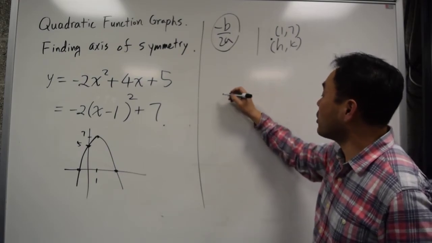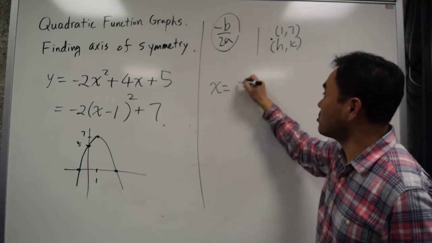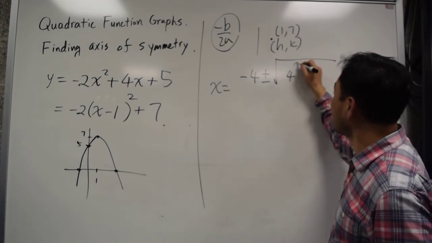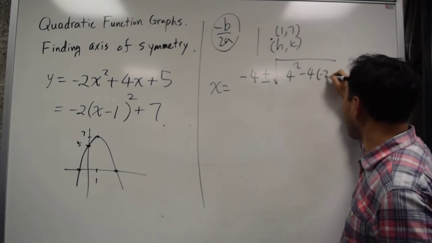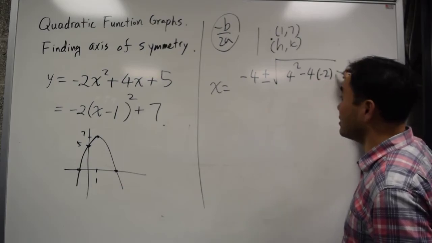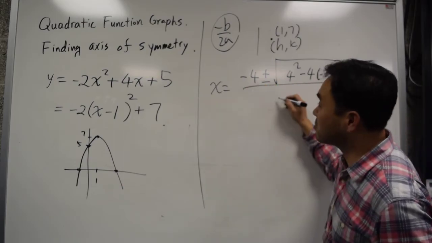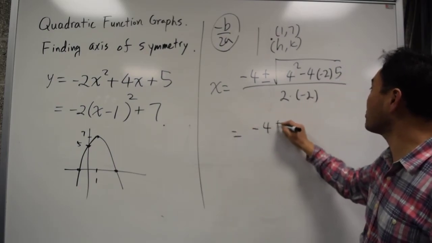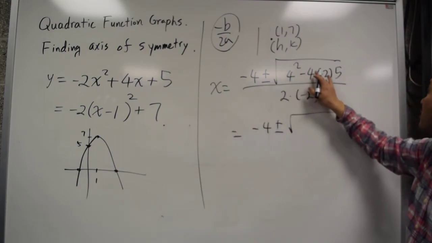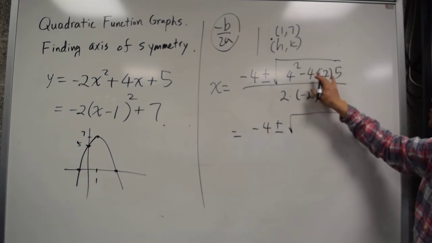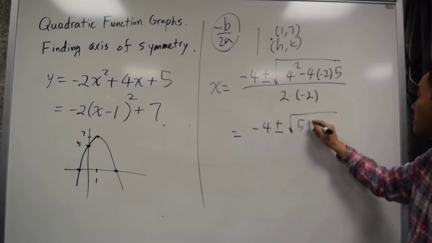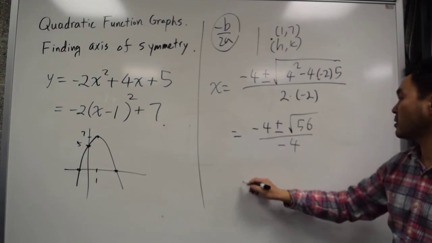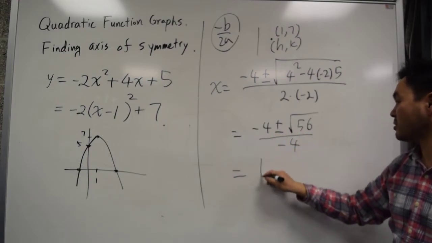The quadratic formula says x equals negative 4 plus or minus the square root of 4 squared minus 4ac, all over 2 times negative 2. So negative 4 plus or minus the square root of 16 plus 40, that's 56, and over negative 4, so that's like positive 1.